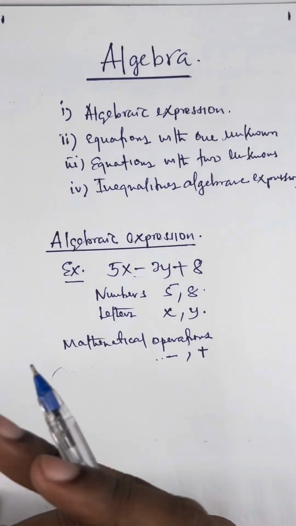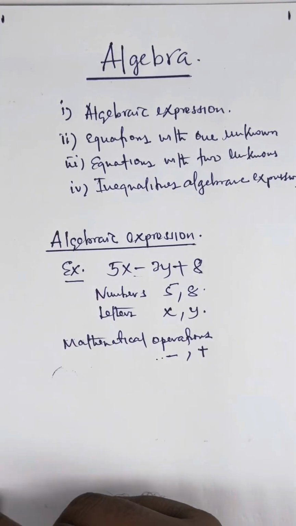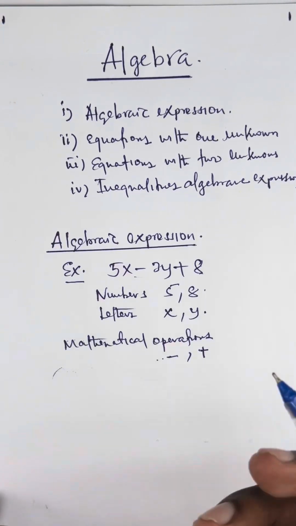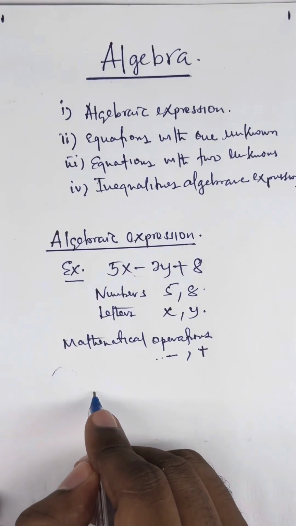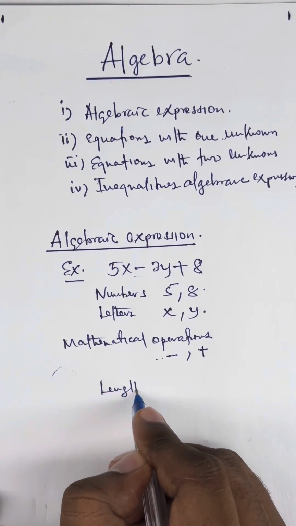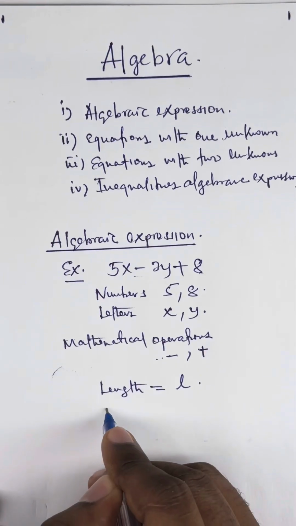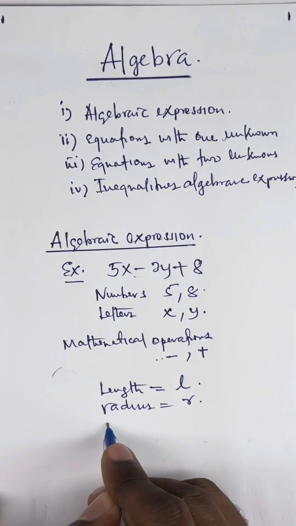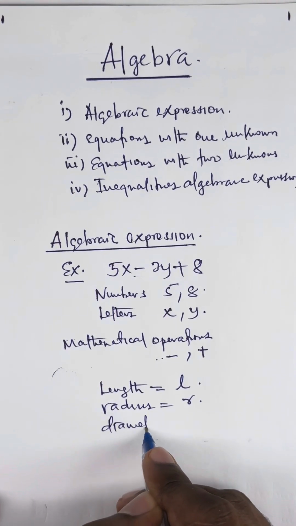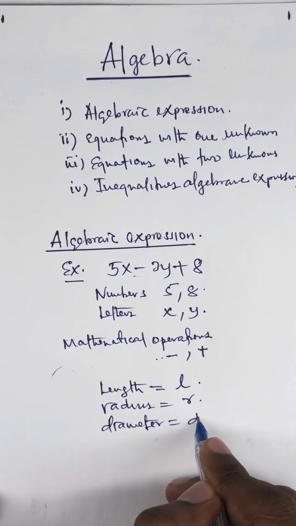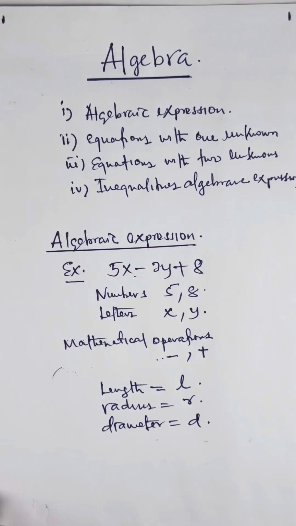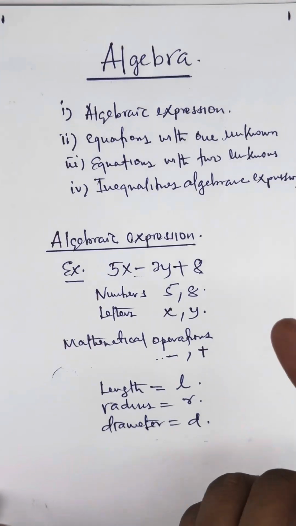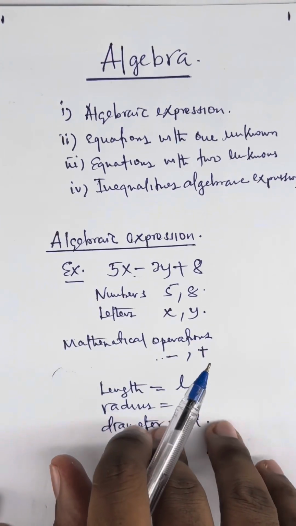If you see anything like this, it means it's an algebraic expression. We are using numbers and letters. That's why sometimes back we used to say length is represented by L, radius is represented by R, diameter is represented by D. So algebraic expressions can be formed by using numbers, letters, and mathematical operations.